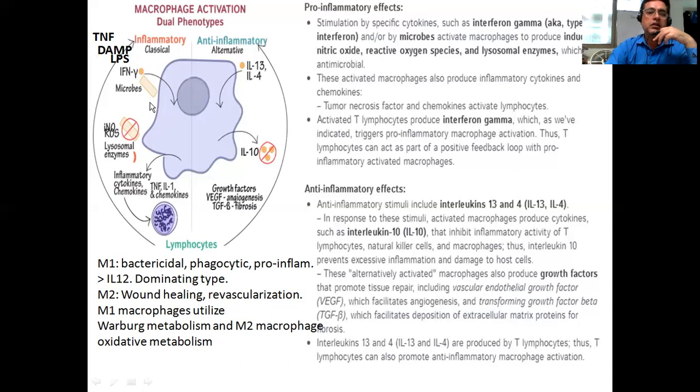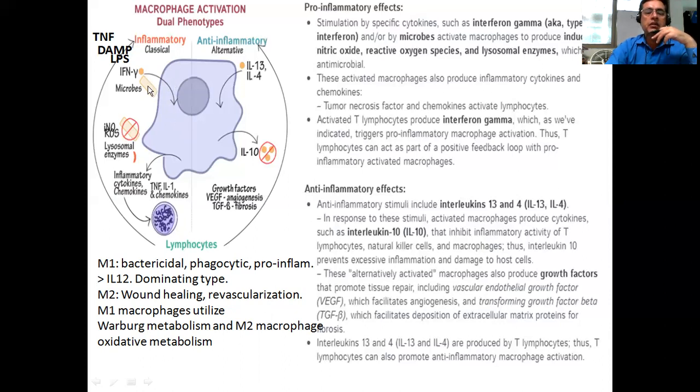Now, how does this M1 or classical activation take place? The classical activation takes place when the macrophage comes in contact with some kind of microbe. For instance, on the surface of microbes there are PAMPs, pathogen-associated molecular patterns, which are recognized by redundant receptors on the surface of the macrophages.